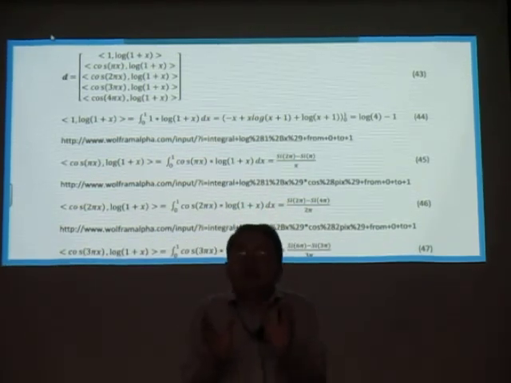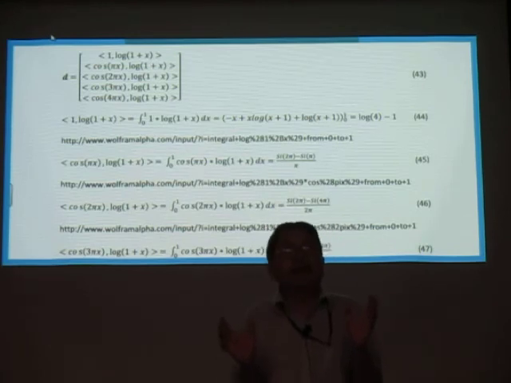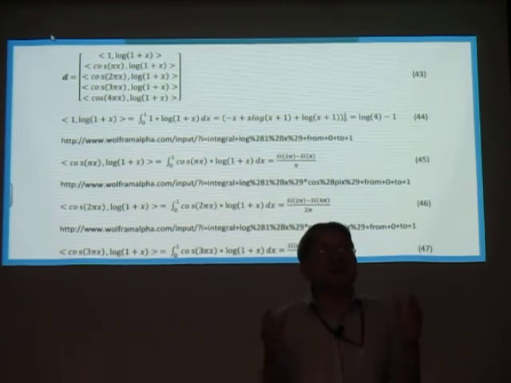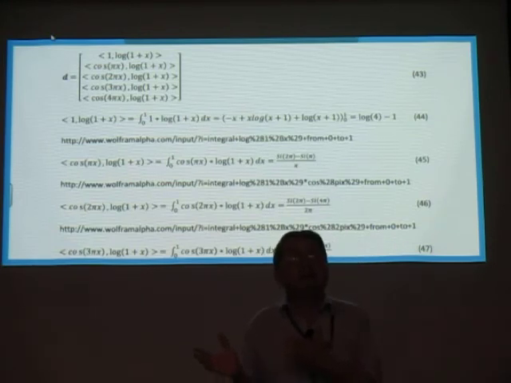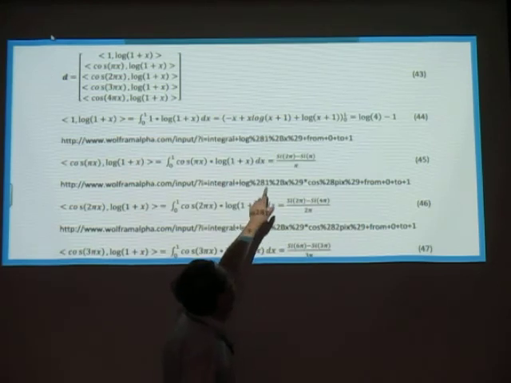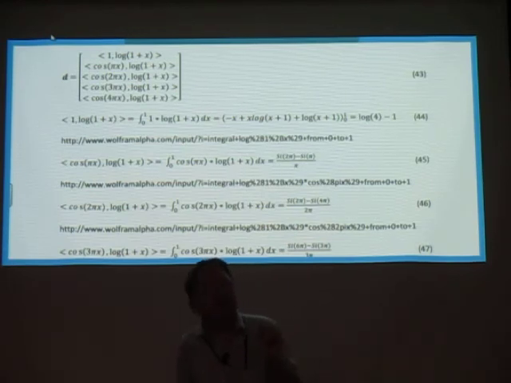Some students just did not pay too much attention and just copied the solution and thought that SI stands for the sine function and wrote in their report sine instead of SI. Now, SI with a capital S and I is not a sine function, it's called the sine integral function.